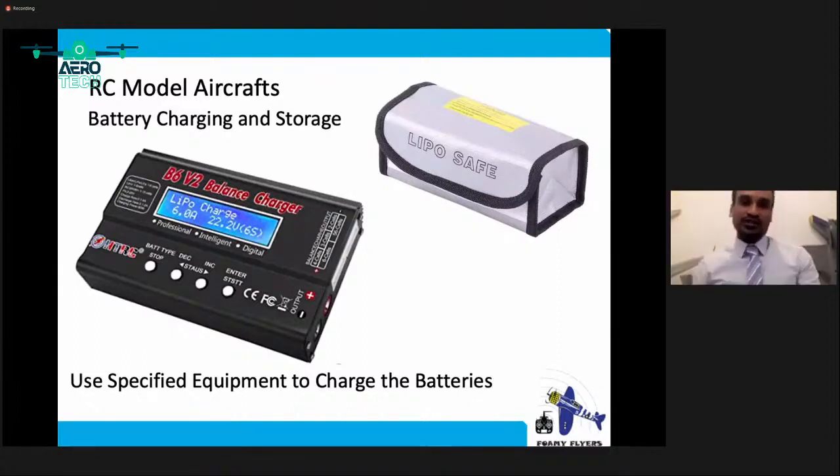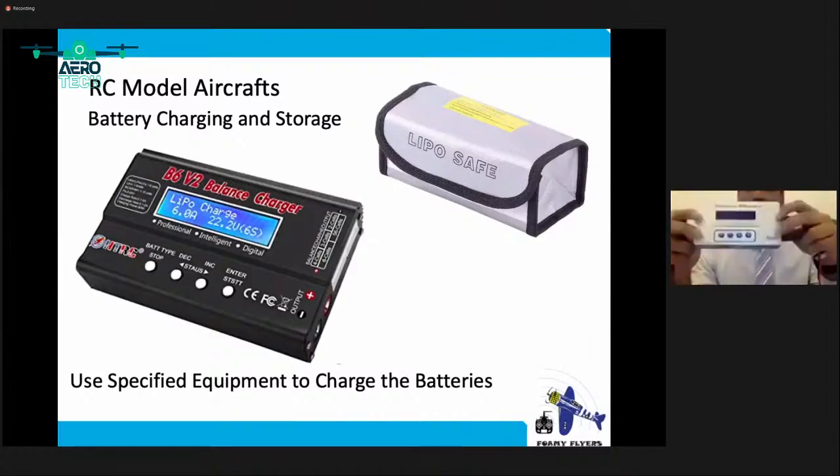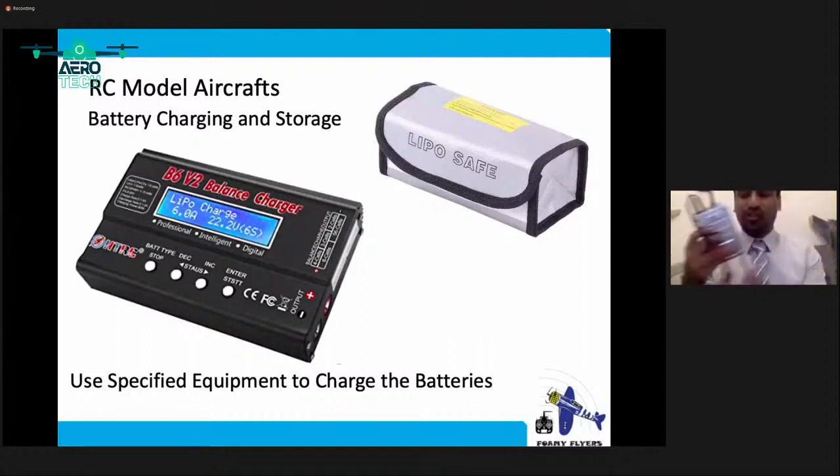So on this particular balance charger, which I have right here, there's an option to discharge. What you need to do is basically discharge your battery if you are putting it into storage or putting it away because you're not flying.